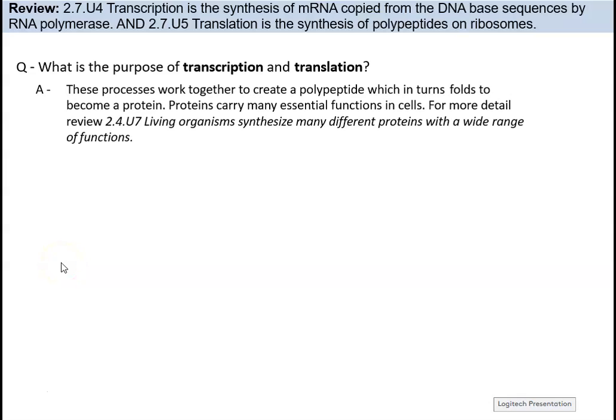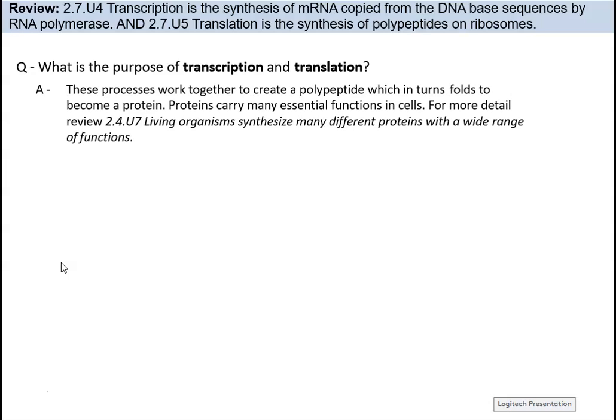Hello everyone. If you remember, in the previous video we talked about transcription and translation, and we reached this slide, which is about the purpose of transcription and translation. Of course there are millions of different types of proteins, and the number of proteins is so high compared to the genome sequence.